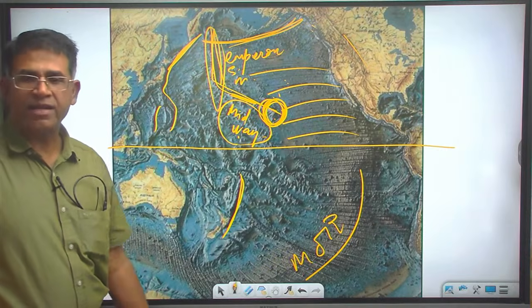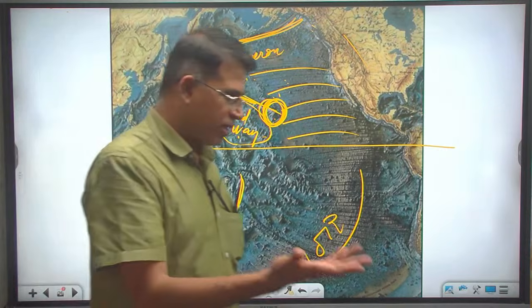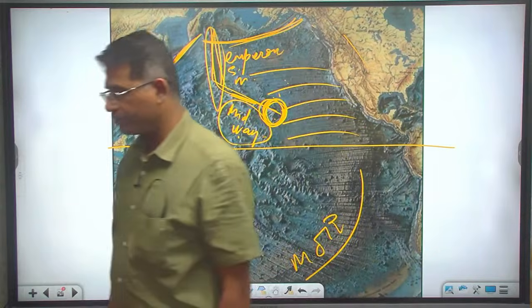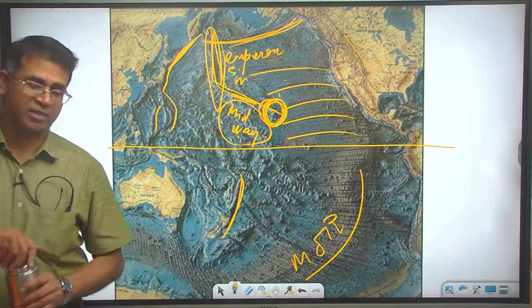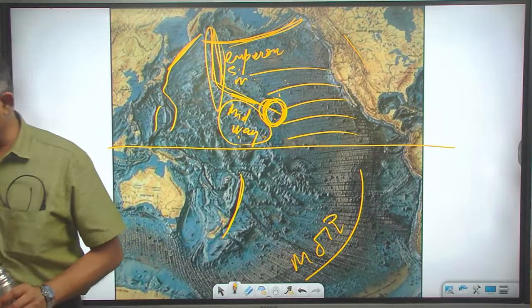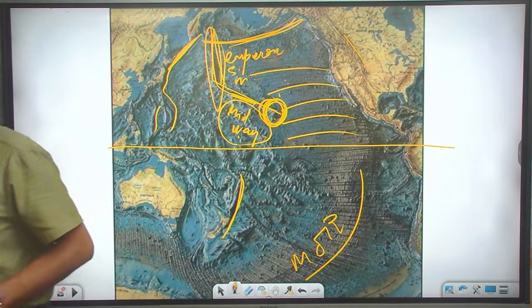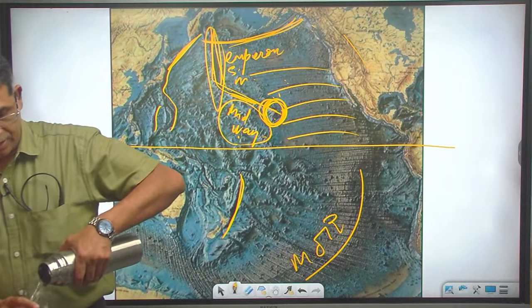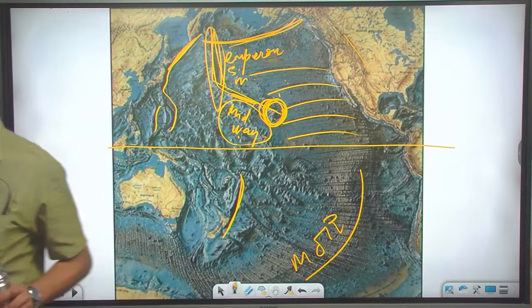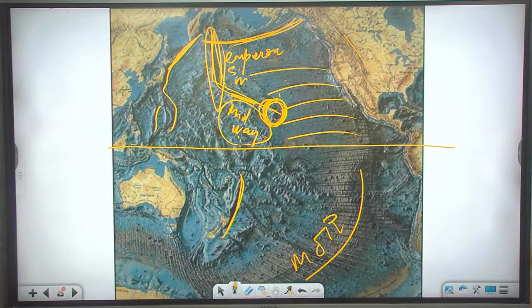Write down: unlike other oceans, the Atlantic and Indian Ocean, the Pacific Moor is not a central ridge. It is in the southeast.